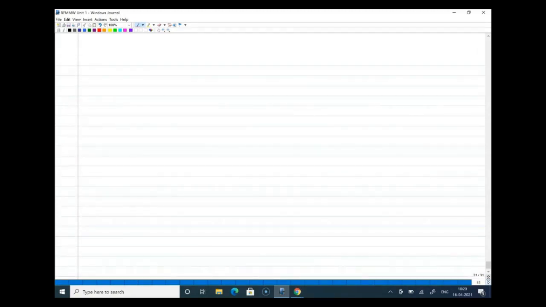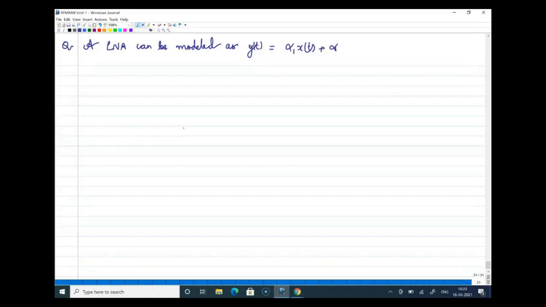All right, so this is your question. You guys can try this. A low noise amplifier can be modeled as y of t equals alpha 1 x of t plus alpha 2 x square t plus alpha 3 x cube t.